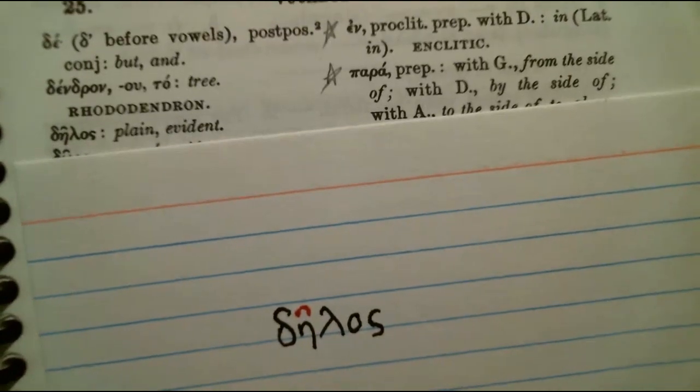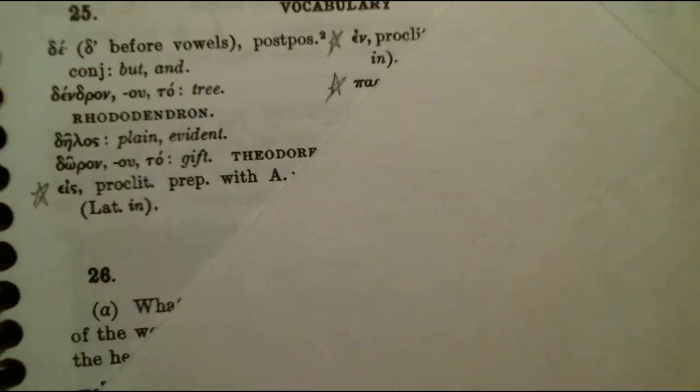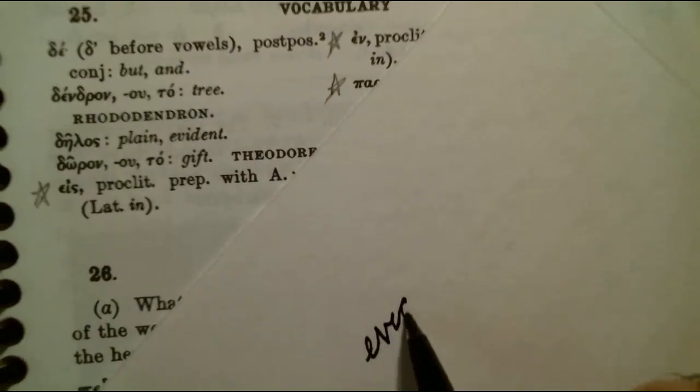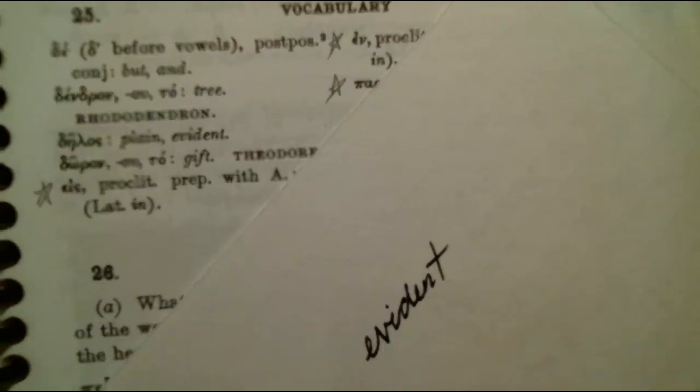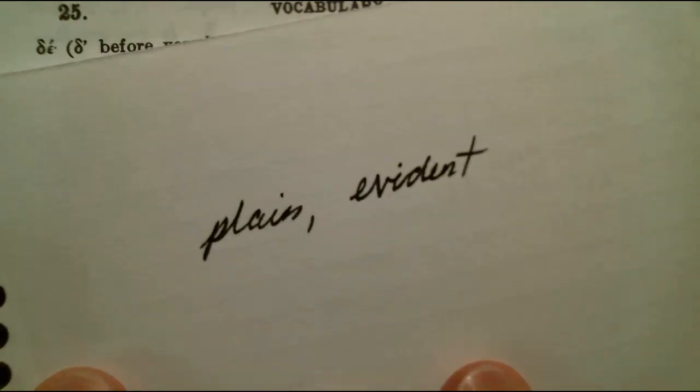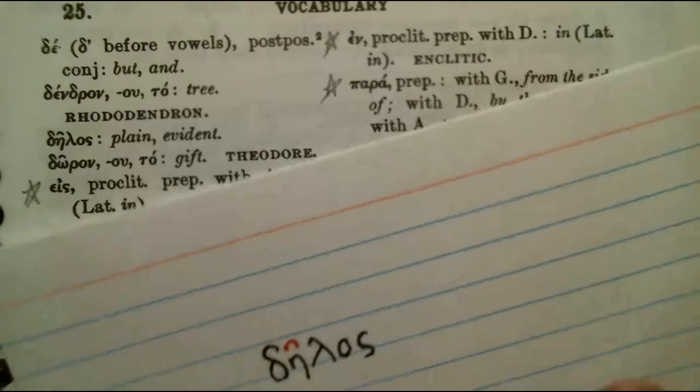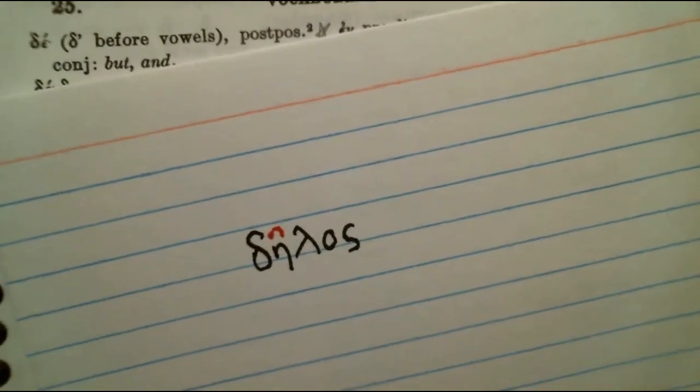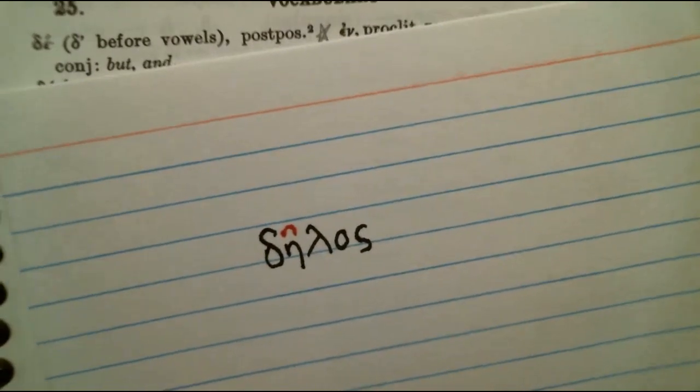So just write delos like that, right? And then you flip it over and write plain or evident, okay? That's how I do my flashcards. Plain, evident, and then delos. And you can go Greek to English and then English to Greek if you like.